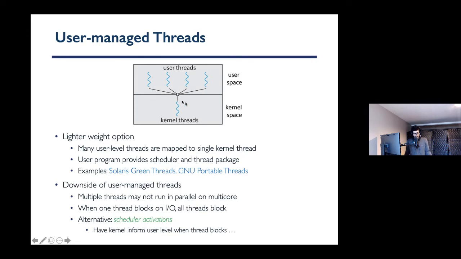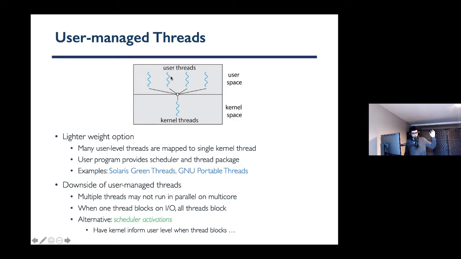The second thing is that, let's say one of these user threads calls on an IO. So calling on IO, that means that let's say one of them is calling a system call to read a file. And let's say that file is not ready in memory. So what happens? From the kernel's point of view, this entire thing asked for IO, because the kernel doesn't have any idea how many threads are running inside.